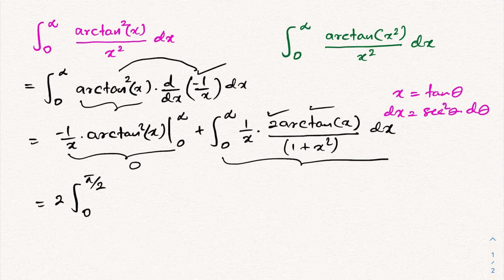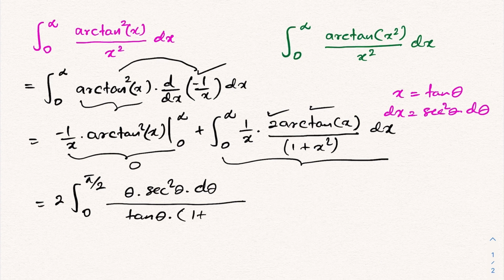Then here we have arctan of x, we know theta, then dx, we know secant square of theta d theta, over x we have tan of theta times 1 plus x square, we know tan square of theta.